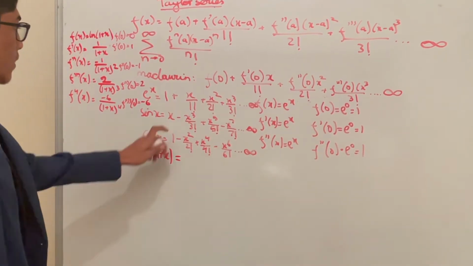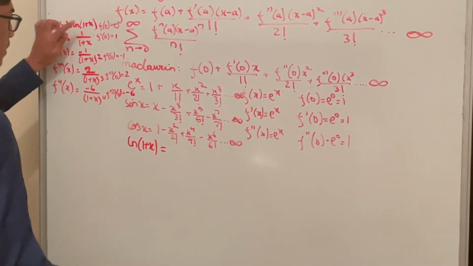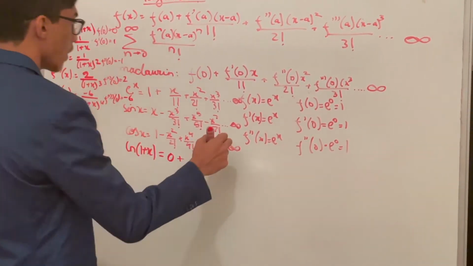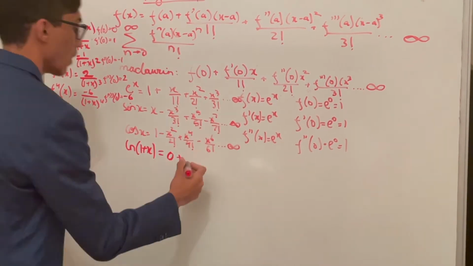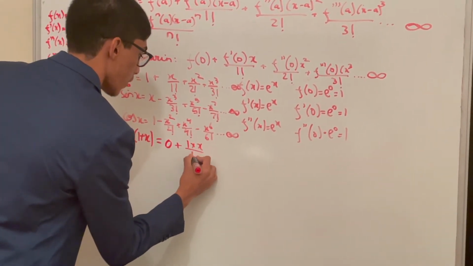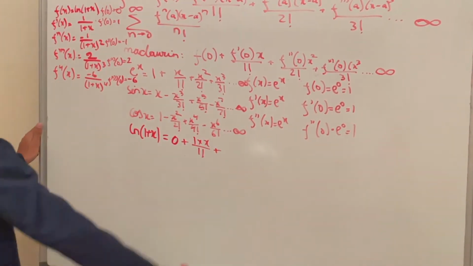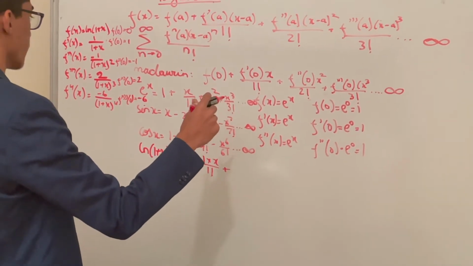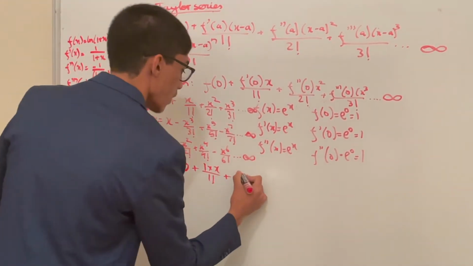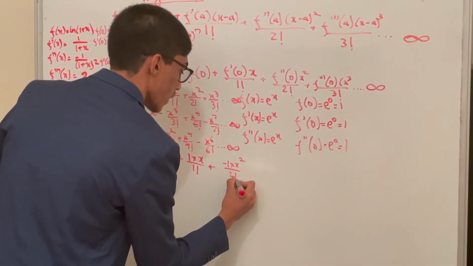Now, if we plug that into the general formula for the Maclaurin series, we have f of 0 is 0, plus f prime 0, which is 1, times x over 1 factorial, plus the second derivative of f at 0, which is minus 1, multiplied by x squared over 2 factorial.